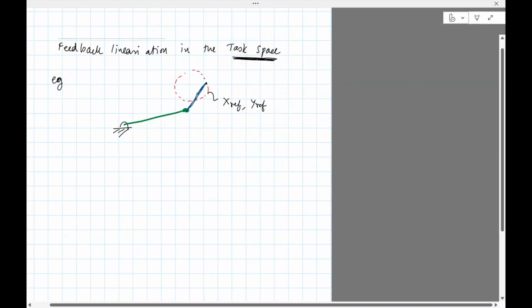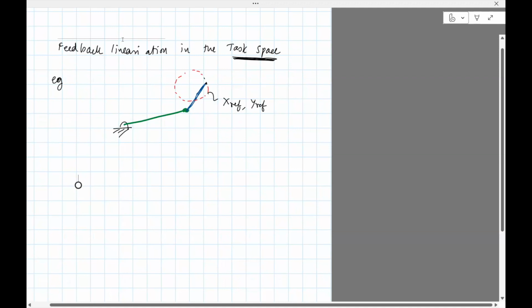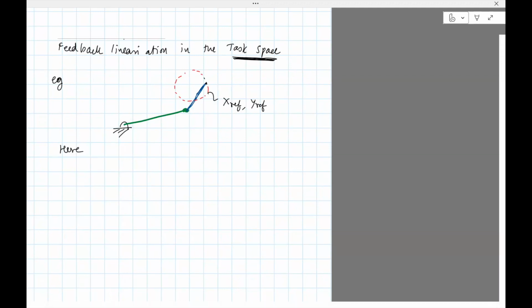So this involves some flavor of inverse kinematics, which I will just do. Okay, so here x ref t, y ref t is given.